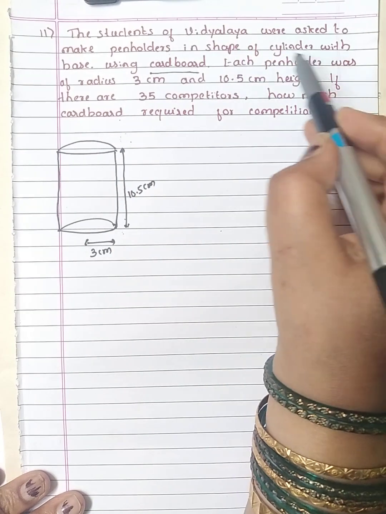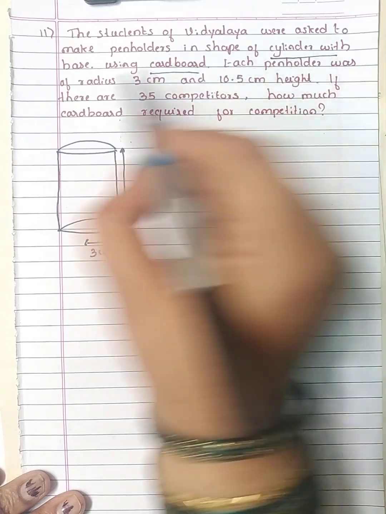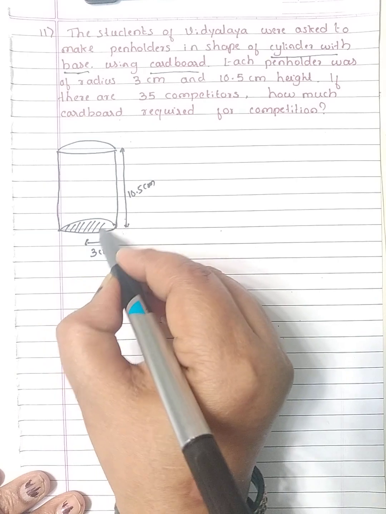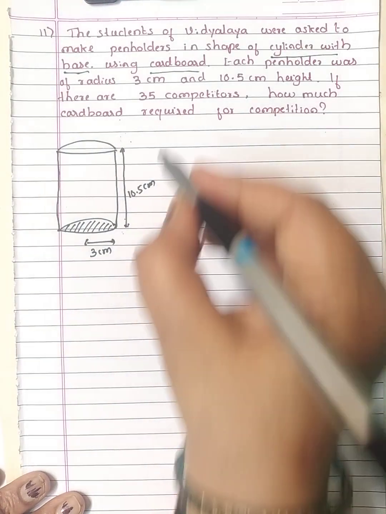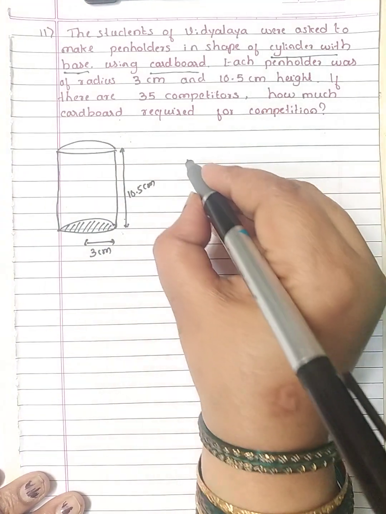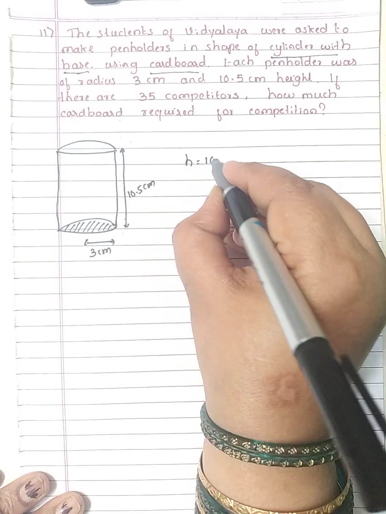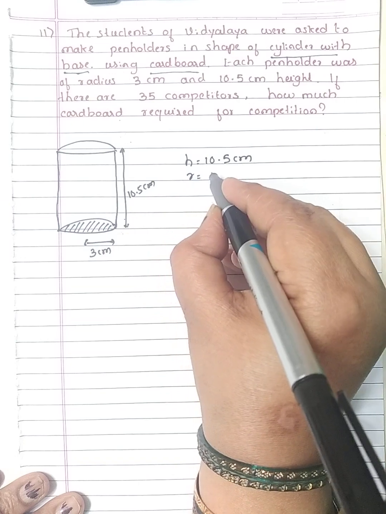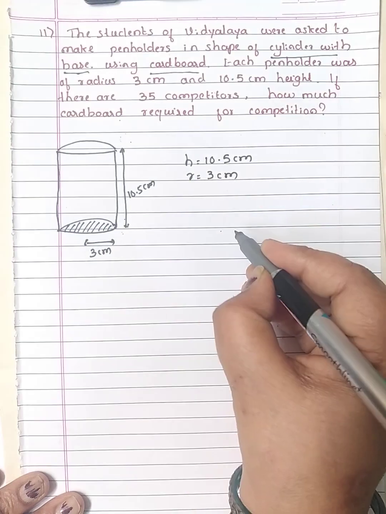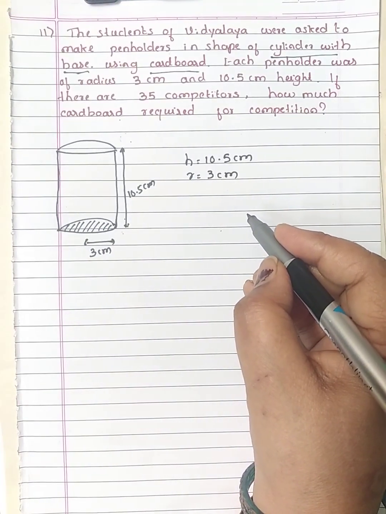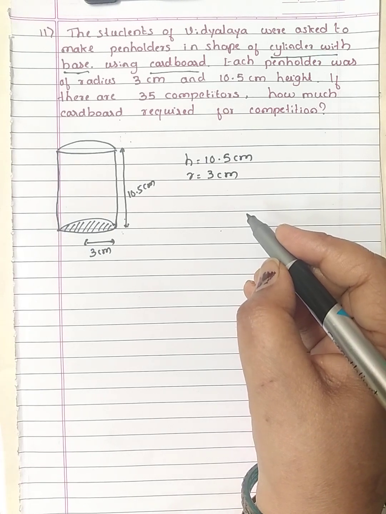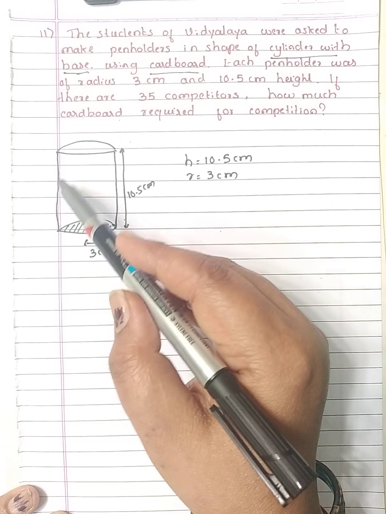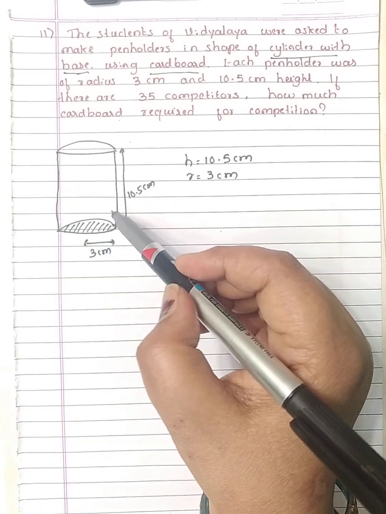And again it is said that it is a cylinder with a base. This is the base and it is closed here. Now write what is given: h equal to 10.5 centimeter and radius equal to 3 centimeter. What we have to find out is the area of this pen holder.